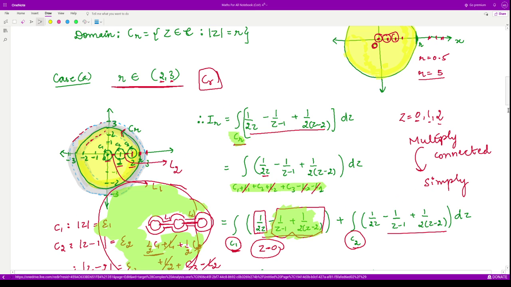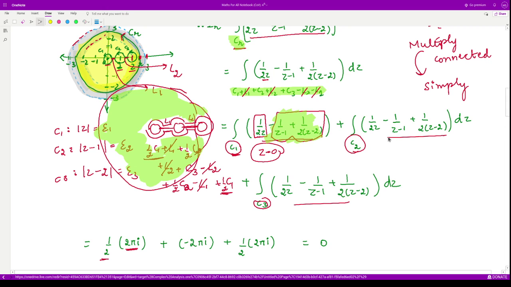So now let us calculate for C2. For C2, this function and this function, their integration with respect to C2 is 0. Why? Because they both are analytic. And now the problem here is by virtue of this function 1 upon z minus 1, because here C2 was a circle with center at 1, right? So here this point 1 creates a problem.